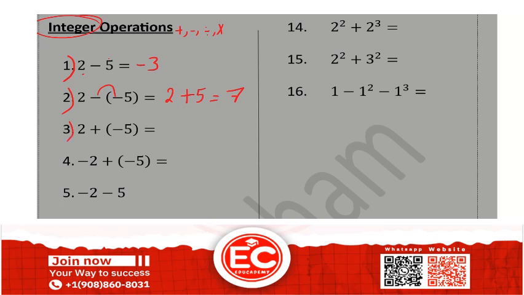Number 3, positive by negative is negative, so it's the same as question number 1, which is equal to negative 3. When I am adding two negative numbers, I put down the negative and I add 5 and 2. And by the way, question number 4 is the same as number 5. Negative 2 and negative 5 is negative 7.